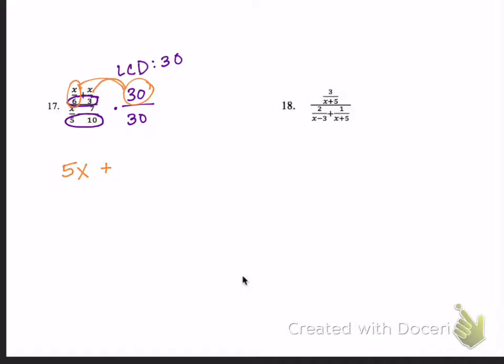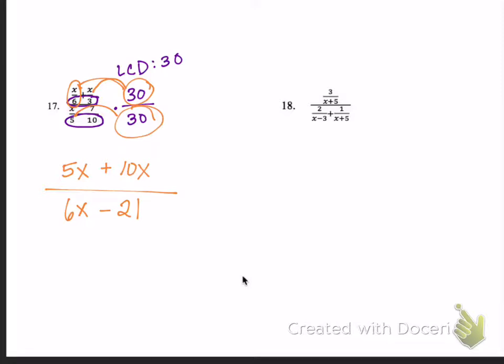That becomes what? 10x. Then I look at the denominator, same kind of thing. So 30x over 5 is 6x. And then is that a minus? So minus 30 times 7 over 10. That would be 21.